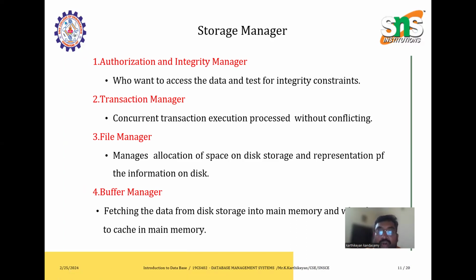The whole process checks who wants to access the data, tests integrity constraints, and executes current transactions without conflicts. The file manager manages the allocation of space on disk storage, the representation of information on disk, and fetching of data from the disk storage into main memory and cache memory.